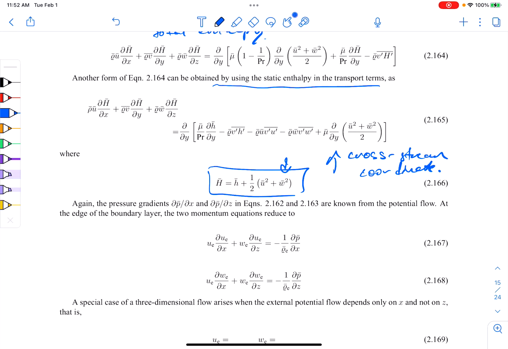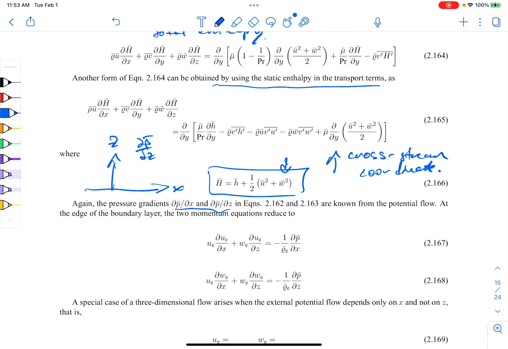And you'll see that we've retained these pressure gradients. So in the boundary layer, x is the streamwise direction, and here z is the cross-stream direction. And if you remember in a previous class, we noted that in higher speed turbulent boundary layers, you can't always neglect this cross-stream pressure gradient product, which could be bad.